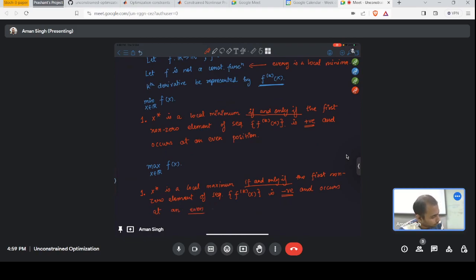Again, even position for maxima as well. It's just that the sign changes. So then it is called a local maxima. It's a necessary and sufficient condition.